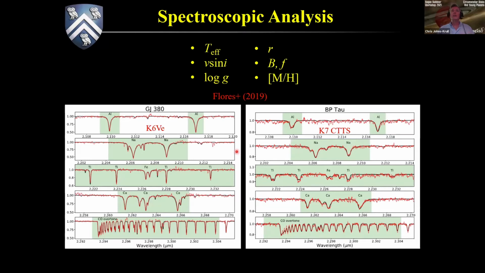So as Lynn was saying, there are a number of things we would like to know, effective temperature being one of the primary ones because that places things in the HR diagram. We do also want to know how fast these stars are rotating, so V sin i. We'd like to measure their gravity because that tells us something about their mass and radius. The little r here is the veiling. And we'd also like to know about their magnetic field.